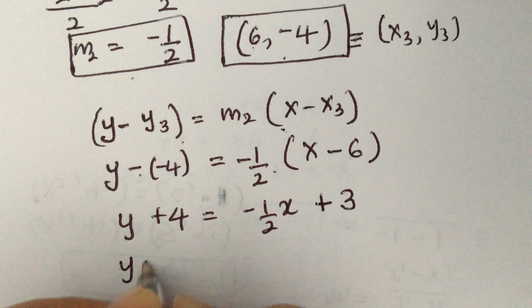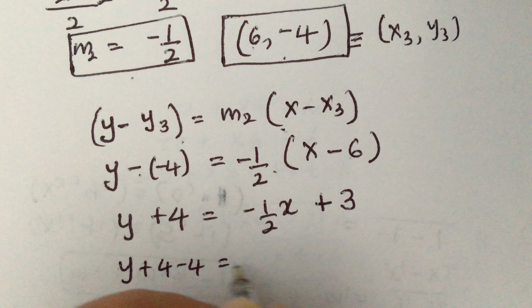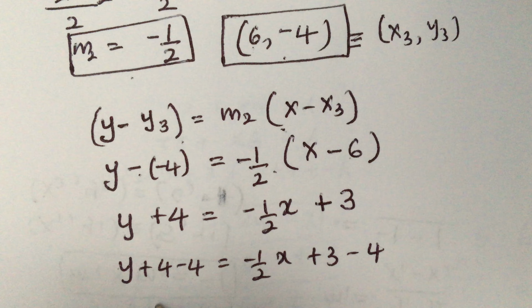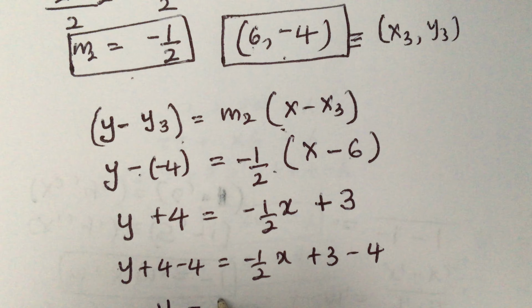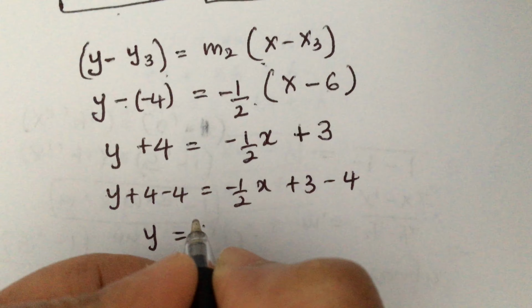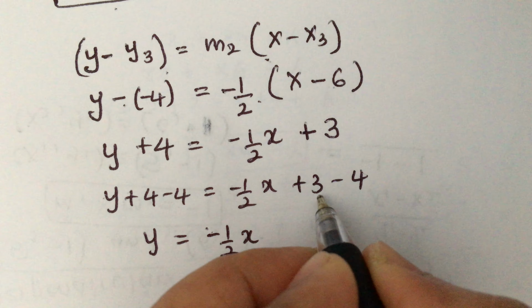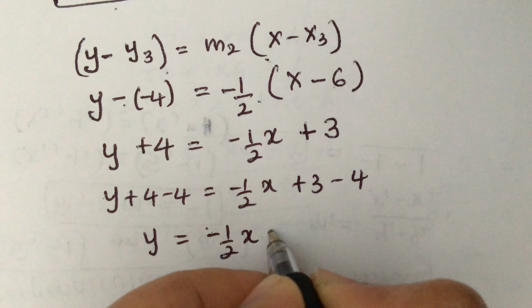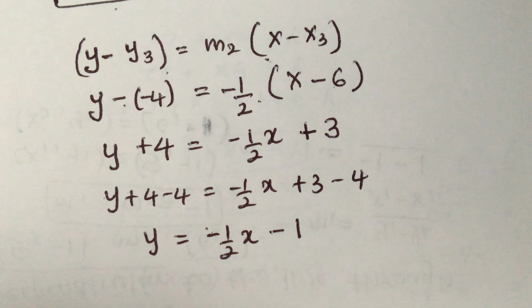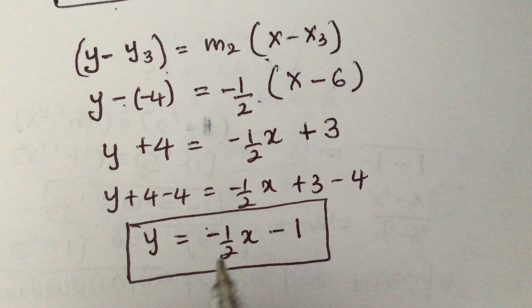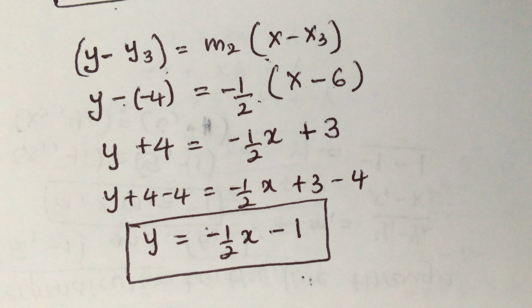So I have to subtract 4 from both sides, right? So here I have y equals -1/2 times x. Here you have +3 - 4, which is -1. So this is the equation of the required line. So this is your final answer.